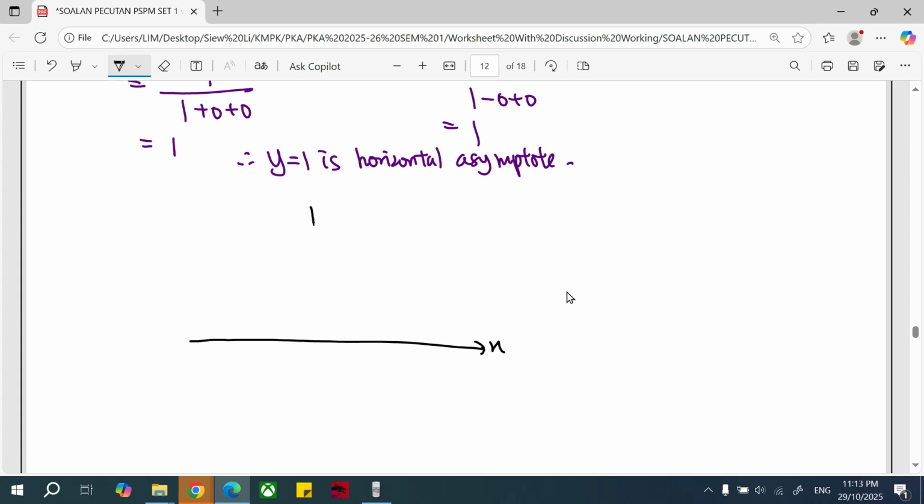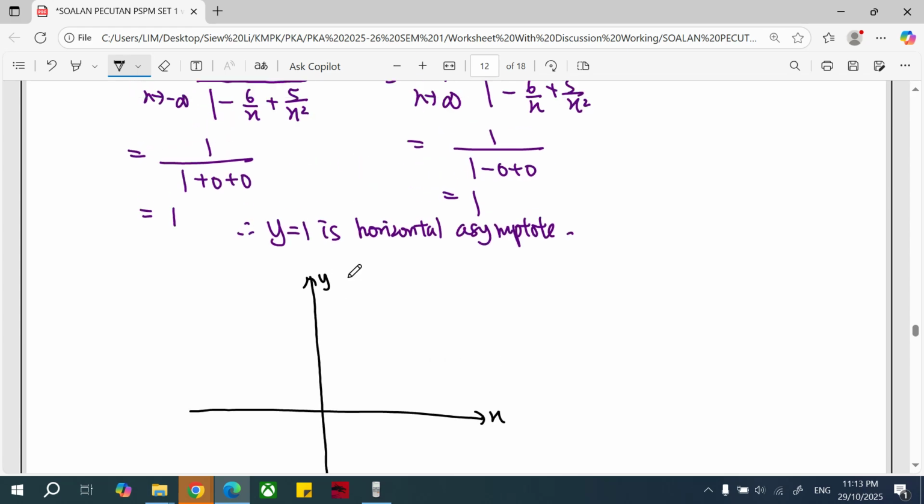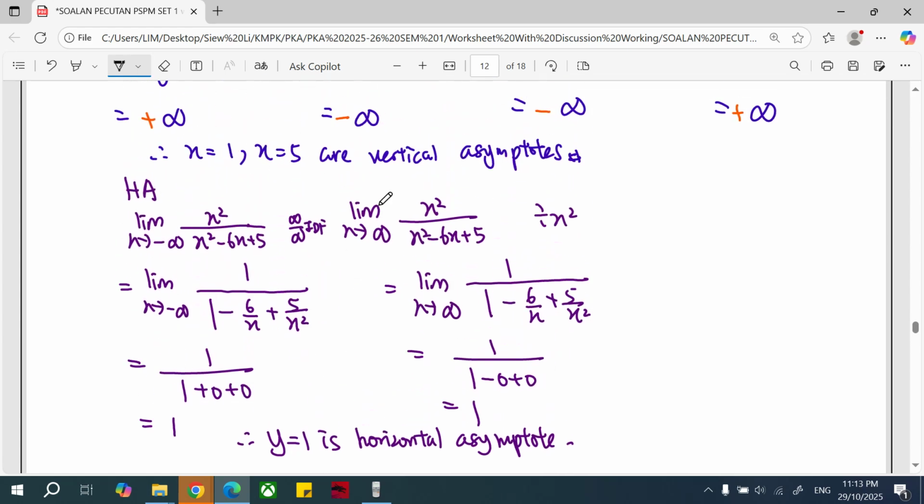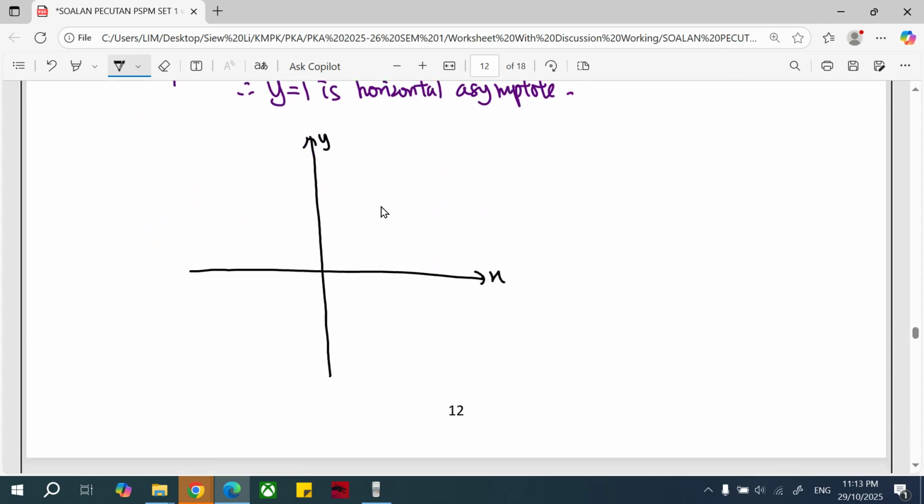X-axis, and then y-axis. The first two asymptotes that we can find, x equals 1, x equals 5. For the asymptotes, draw them in dotted lines, 1, 2, 3, 4, 5. So here, estimate.